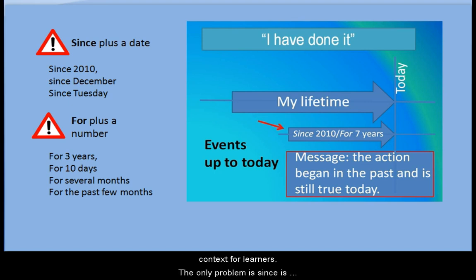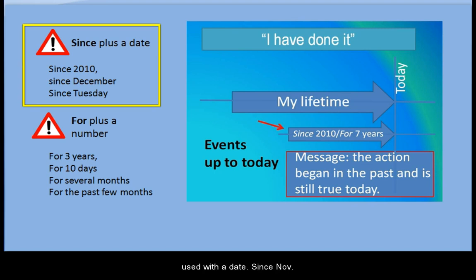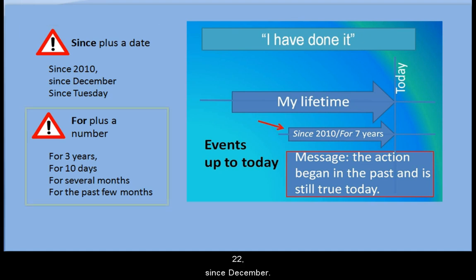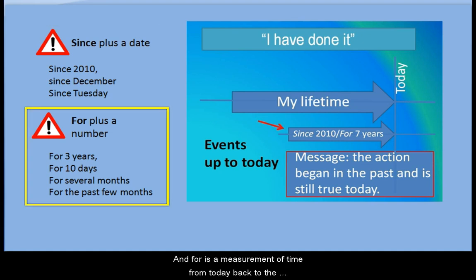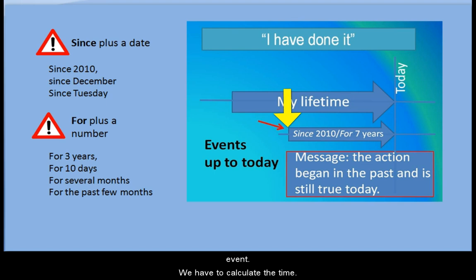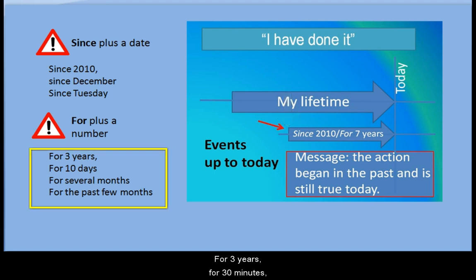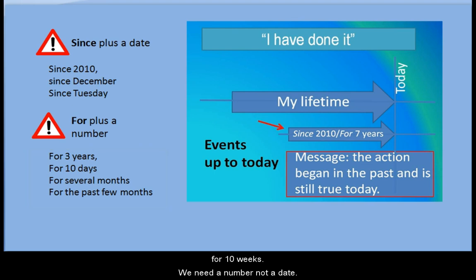The only problem is since is used with a date. Since November 22nd, since December. And for is a measurement of time from today back to the event. We have to calculate the time. For 3 years, for 30 minutes, for 10 weeks. We need a number, not a date.